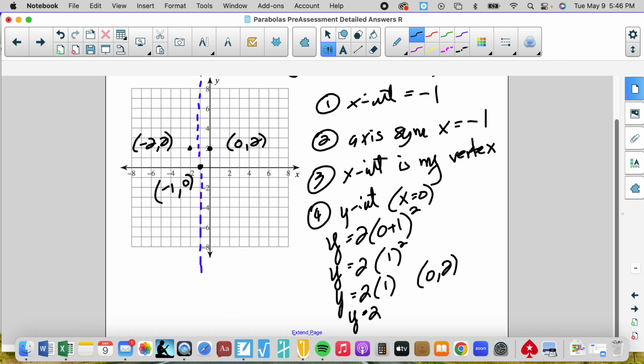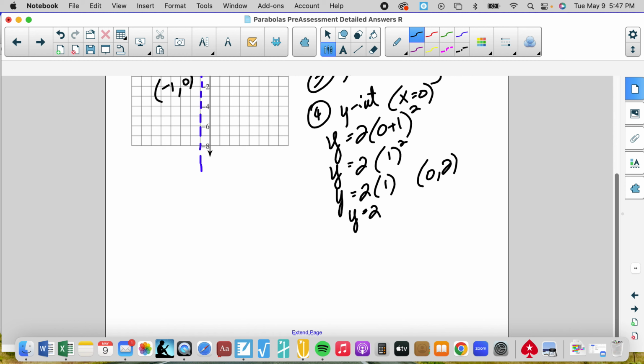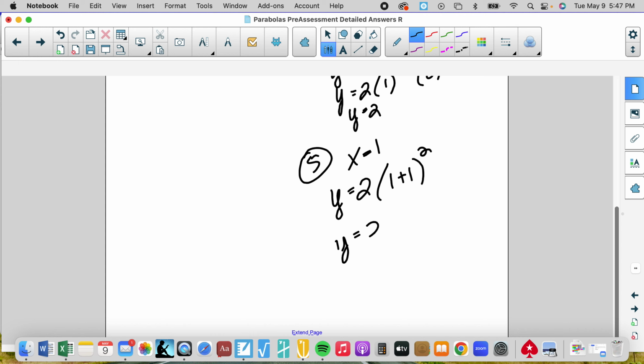may be different. I'm going to plug in 1 because I'm going to make it easy. You may choose some other number, which is fine. I'm going to plug in x equals 1 into the equation y equals 2 times 1 plus 1 quantity squared. So we get y equals 2 times 2 squared. 2 squared is 4. 2 times 4 is 8.